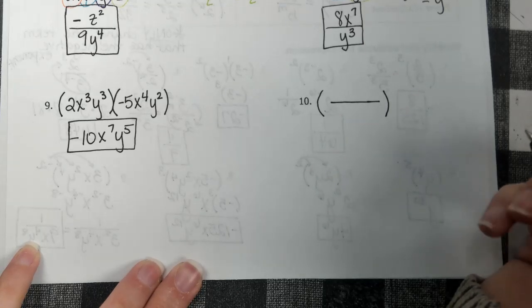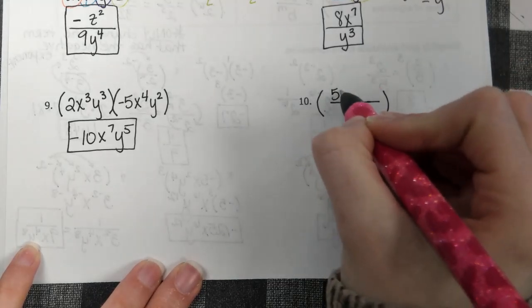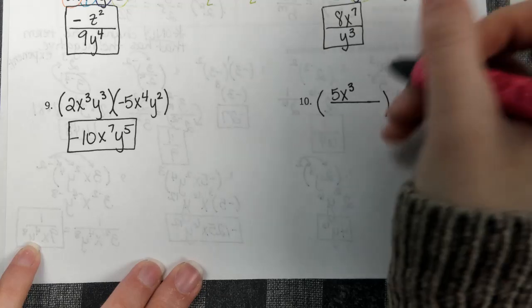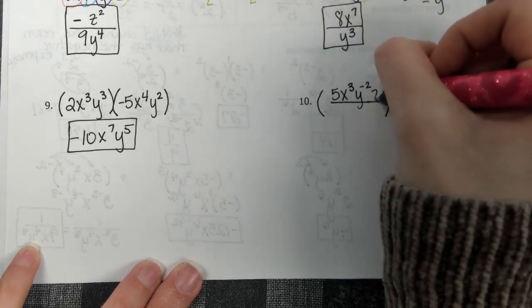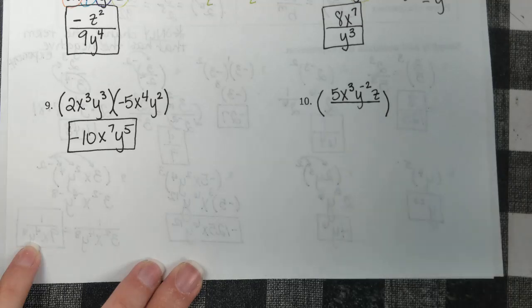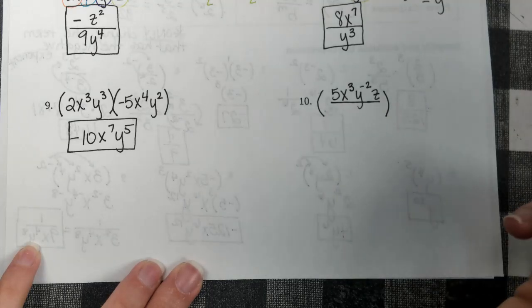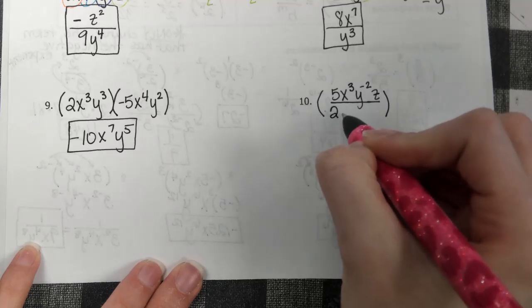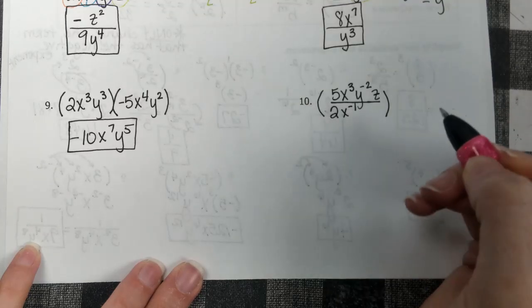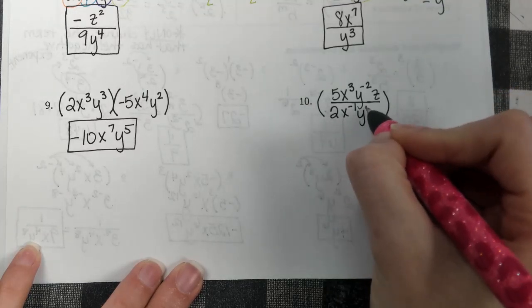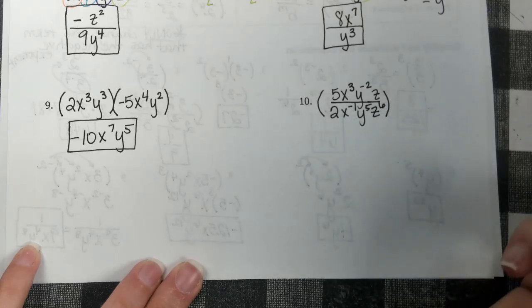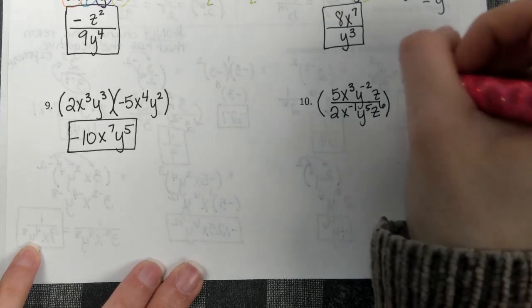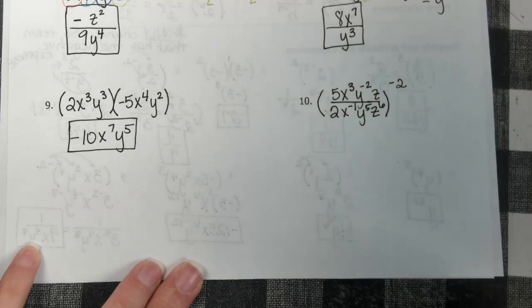Your numerator is 5x cubed y to the negative 2 power z. Then your denominator is 2x to the negative 1 power, y to the 5th, and z to the 6th. All raised to the negative 2 power.